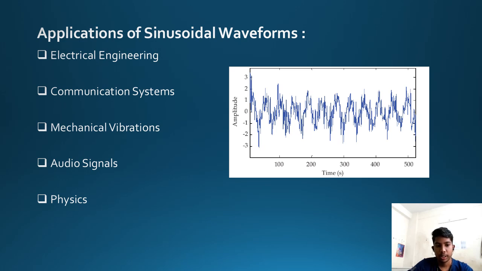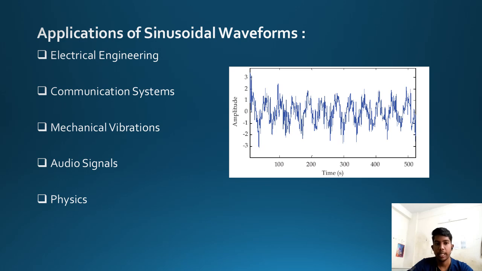Another is signal processing, used in generating and analyzing audio, radio, and telecommunication signals. Another example in electrical engineering is oscillators, used in circuits for producing steady oscillations in devices like clocks, radios, and TVs.